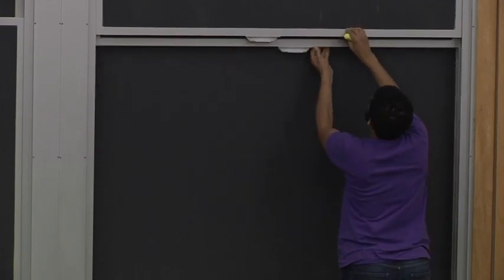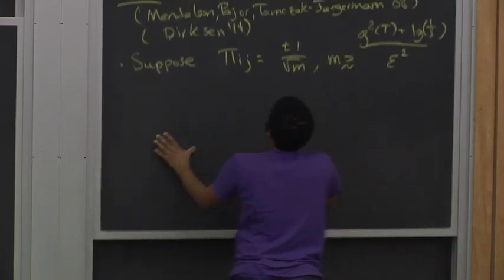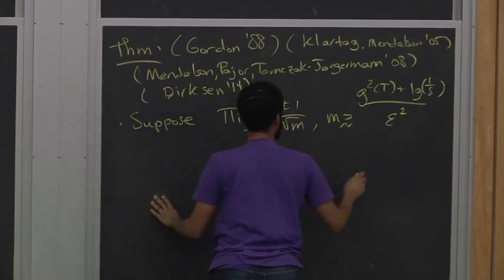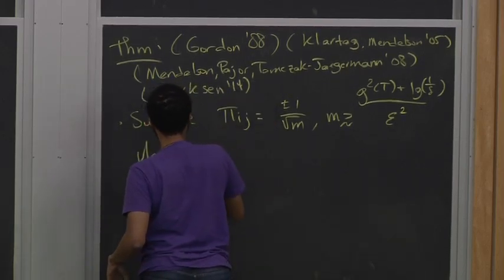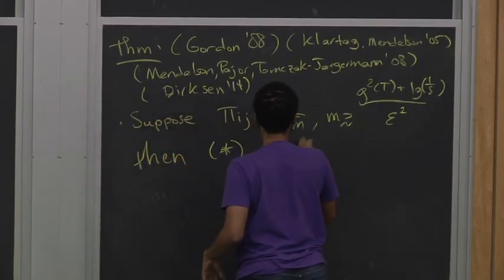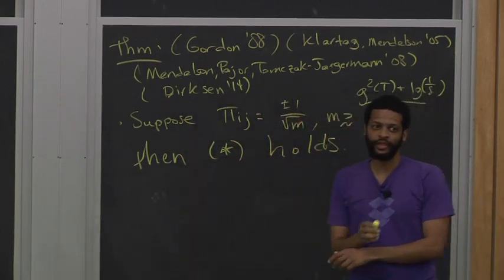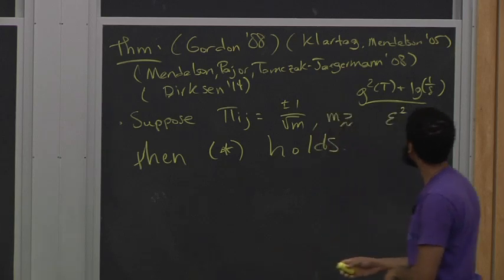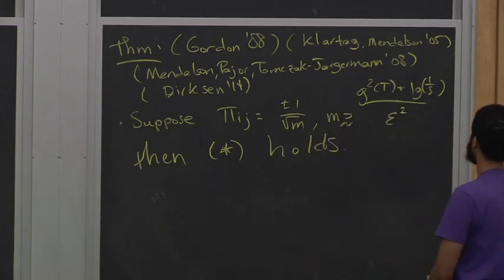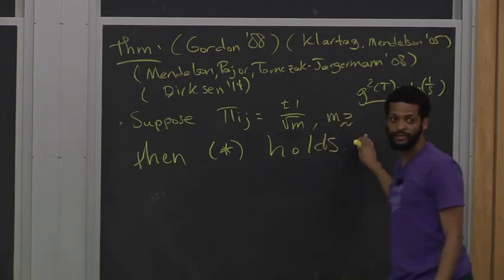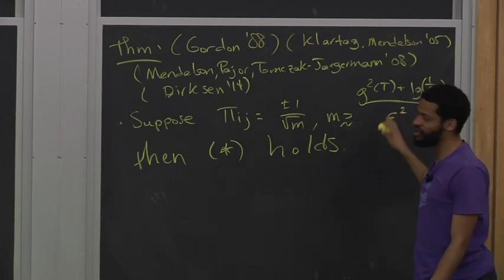Then star holds. So if you want to preserve all the vectors in T, it's enough for m to have this number of rows. What is g squared of T?